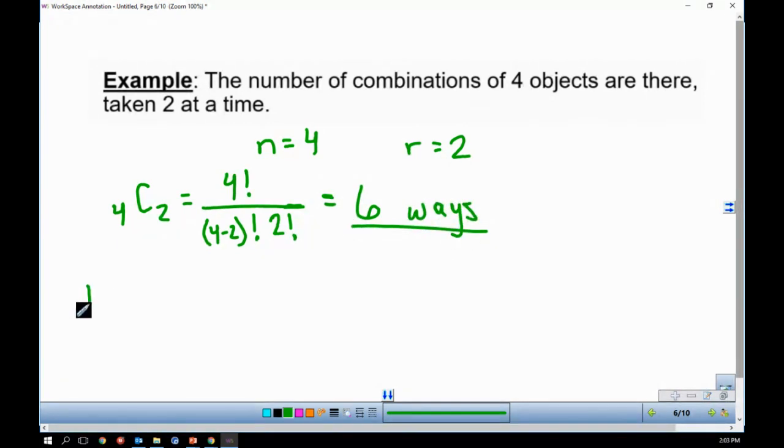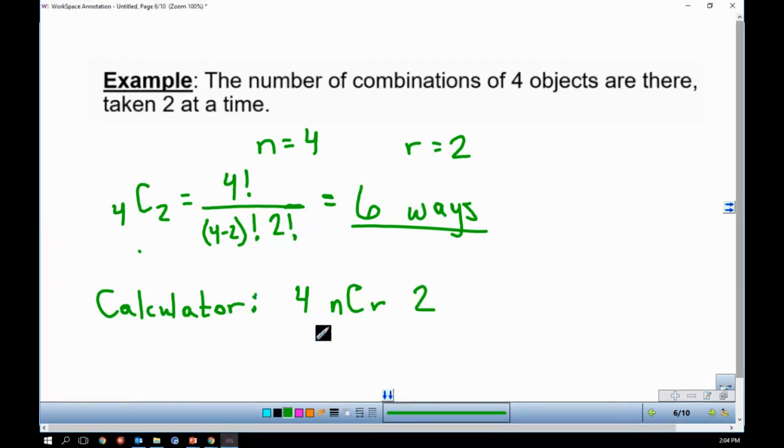You can do this in the calculator too. It looks really similar to the permutation. You'll do 4, but instead of saying nPr, it'd be nCr, and then 2.